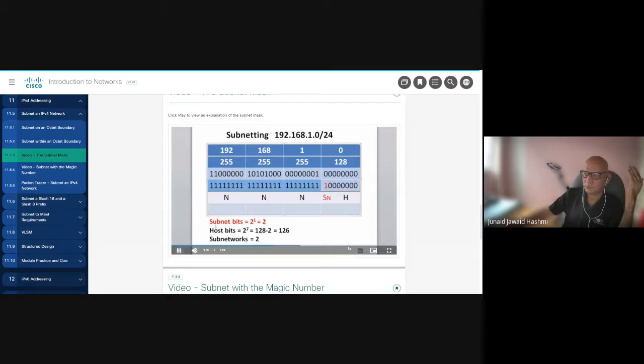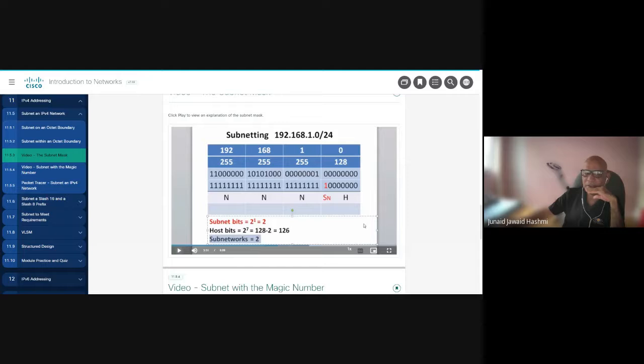So we could say that for subnet bits, we now have 1 bit, or 2 to the first power, creating two subnetworks. So now if we borrow 1 bit, we have two subnets, two networks. How many hosts do we have in each network?